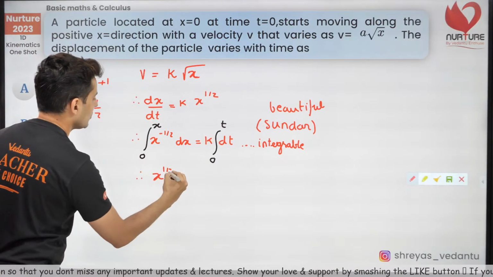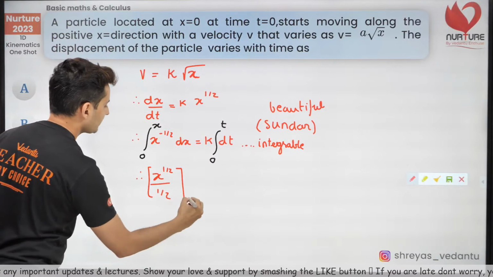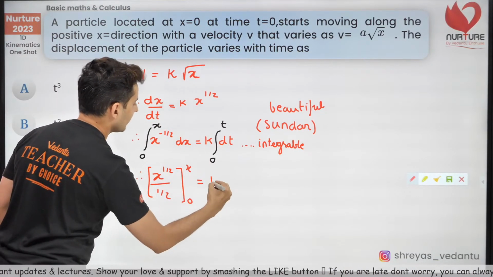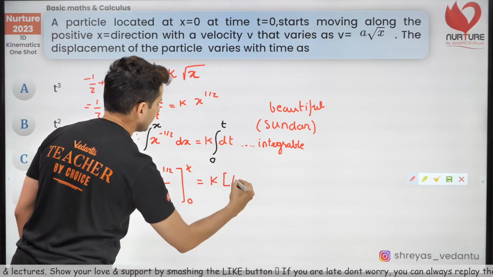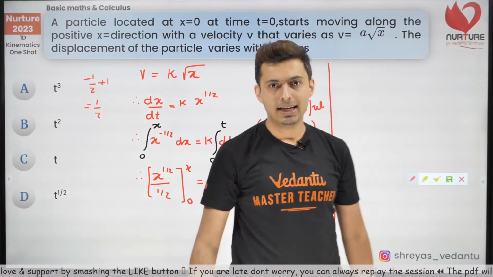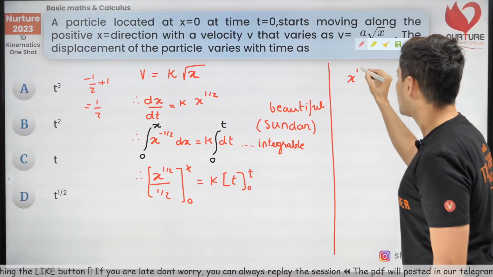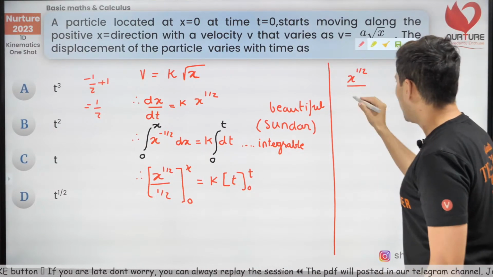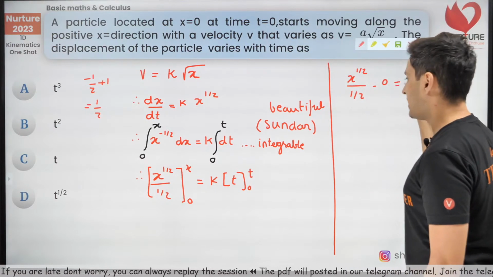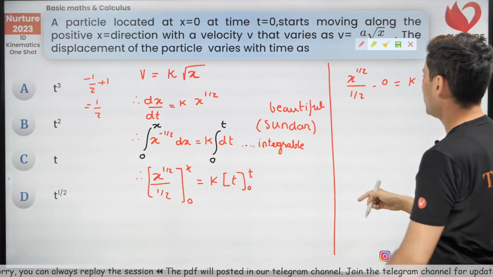So it is x raised to half upon half, and obviously the limits 0 and x. And here dt's integral is just t, from 0 to t. So eventually what will I get? Check this out. I'll get x raised to half by 1 by 2 minus 0 is equal to k into t minus 0. I've just substituted the limits.